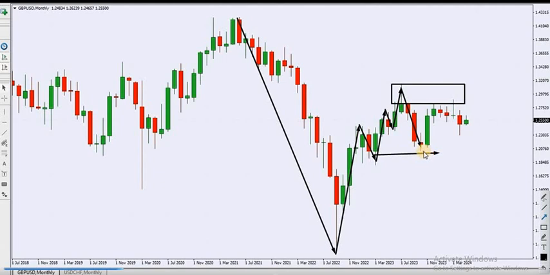Then it remembered that there was a place it tapped into before. So it remembered that this zone was very rich in supply. So it quickly ran. You see market move back to this zone aggressively to tap into it.